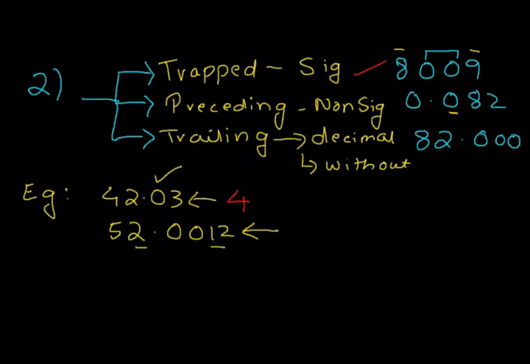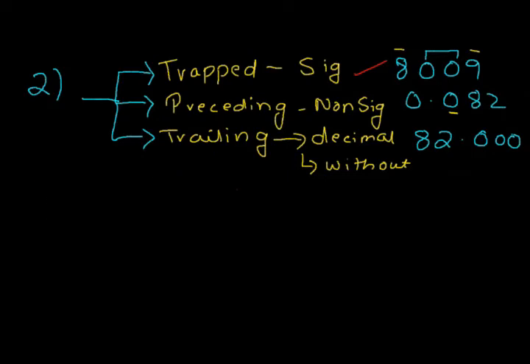These are two non-zero digits, and these zeros are stuck or trapped between them. Hence both of these zeros are significant, and hence the total number of significant figures in this measurement is 1, 2, 3, 4. 4 non-zero digits, hence they're 100% significant, and 2 trapped zeros, so even those are significant. So totally there are 6 significant figures. So this is what trapped zeros and their significance means.